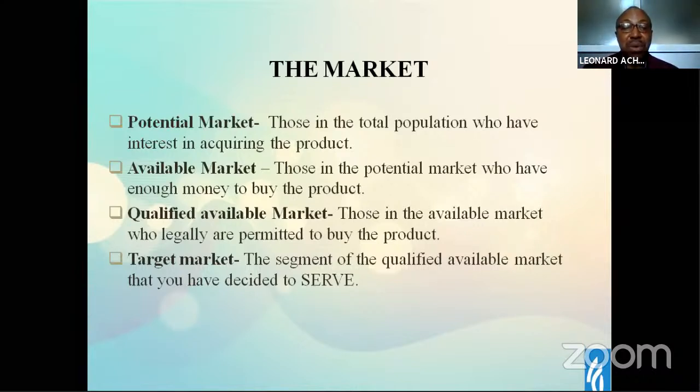And so you must be qualified. You must have the legal permit to bring certain products and services into the marketplace. So those who have such legal permission or permits, we call them qualified available market.